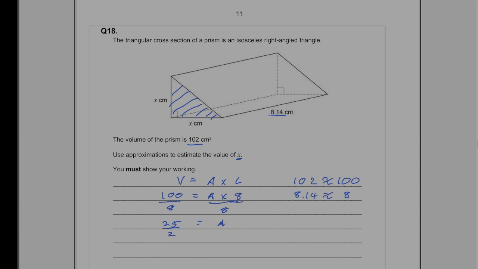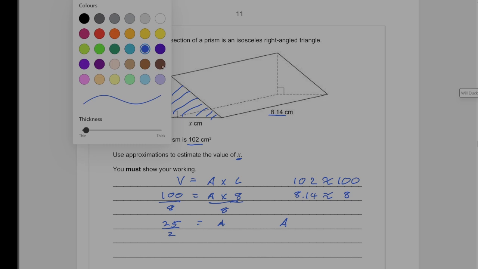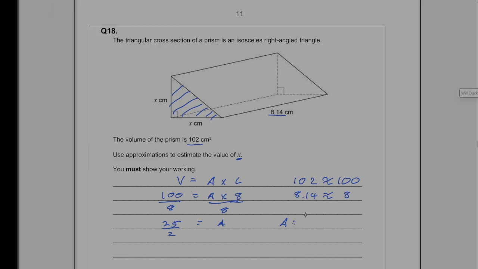So the area of a triangle is equal to a half base times height. So in this case, we're looking at a half of x times x, or a half of x squared. There's my pen working again.